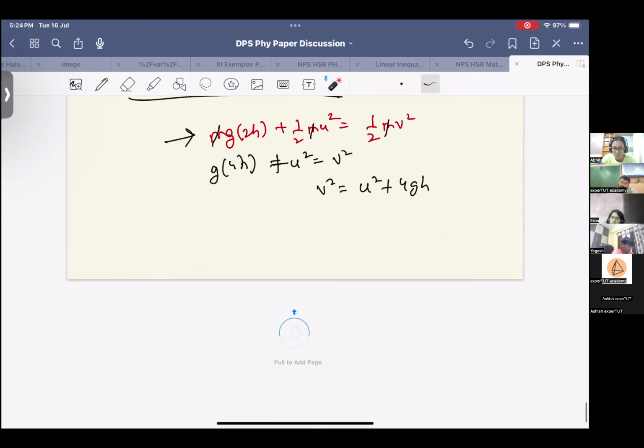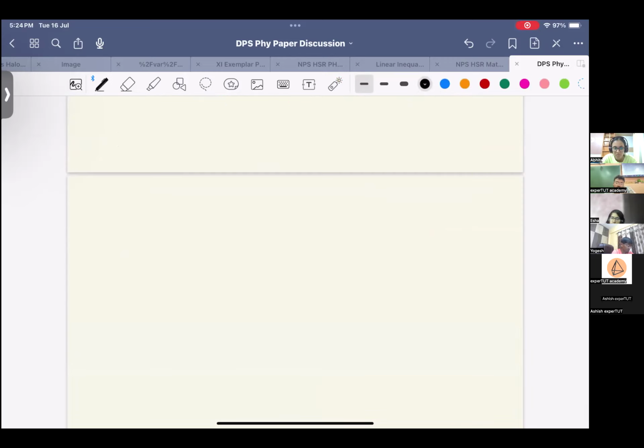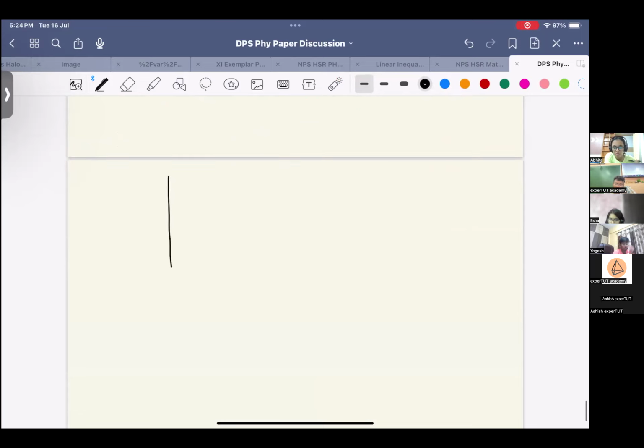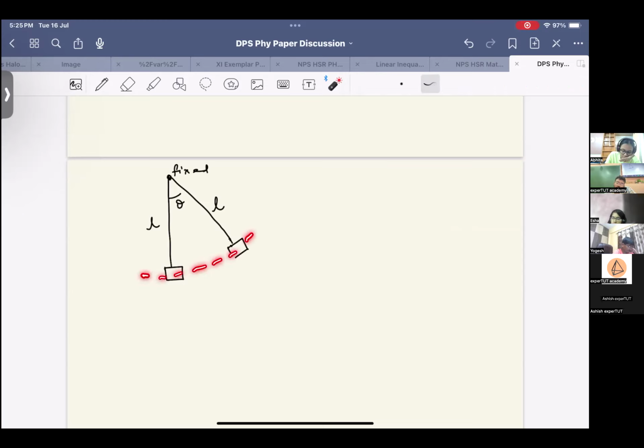Okay, now there is a question. There is a pendulum. By the way, in a pendulum, if the length is L and it rotates by theta, this point is fixed, and the pendulum can rotate in a circle.